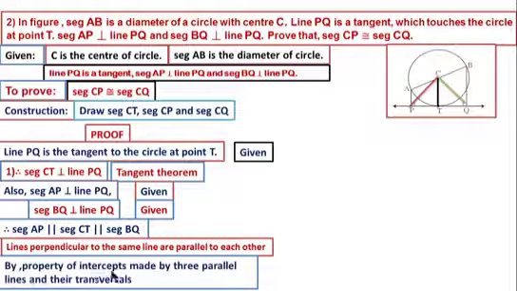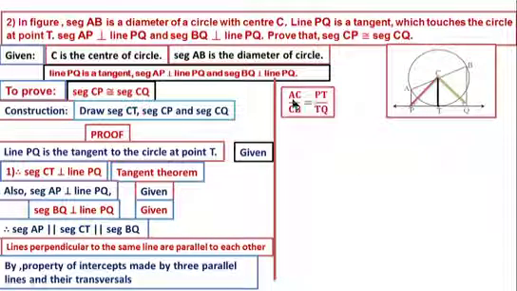By property of intercepts made by three parallel lines and their transversals, AC divided by CB is equal to PT divided by TQ. But AC is equal to CB.